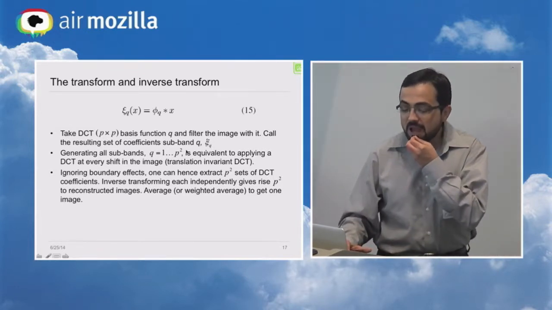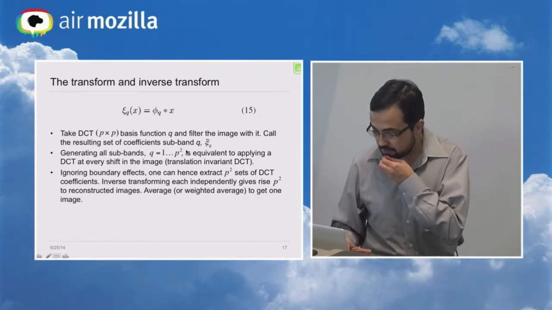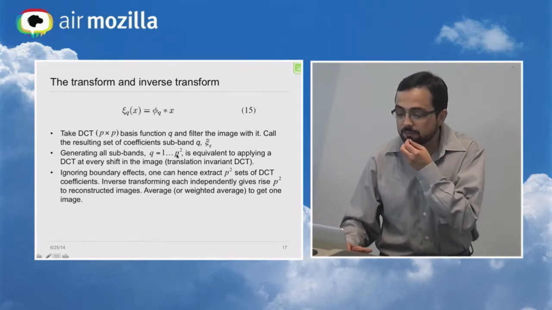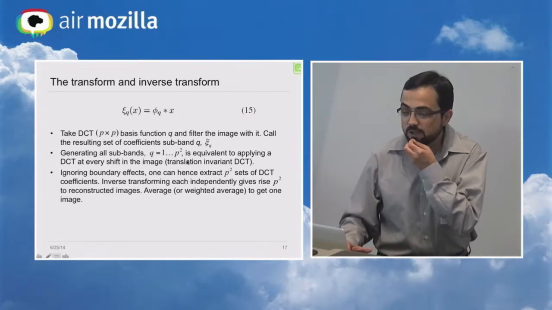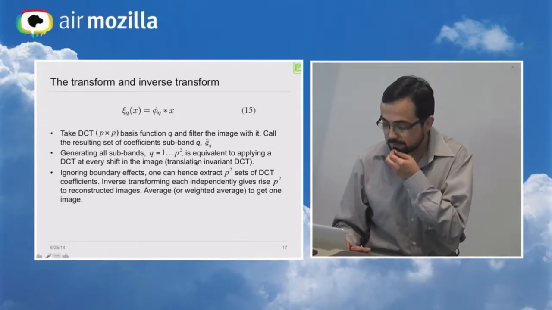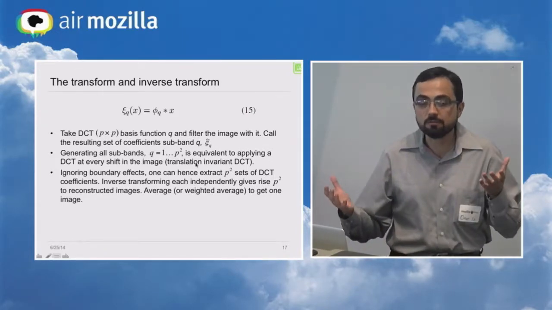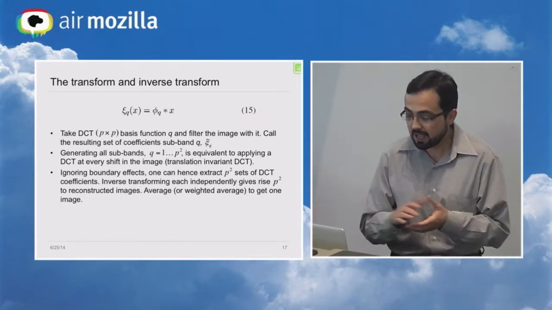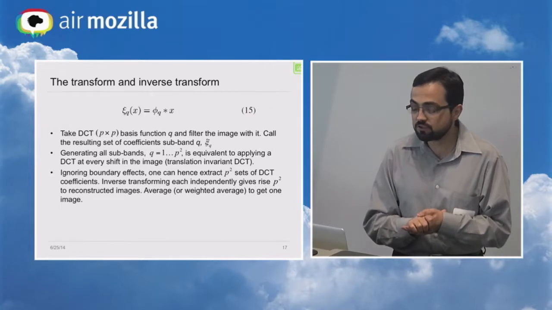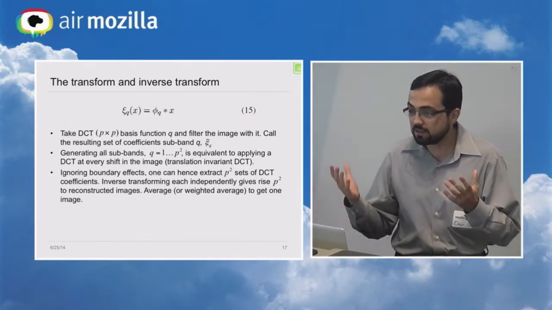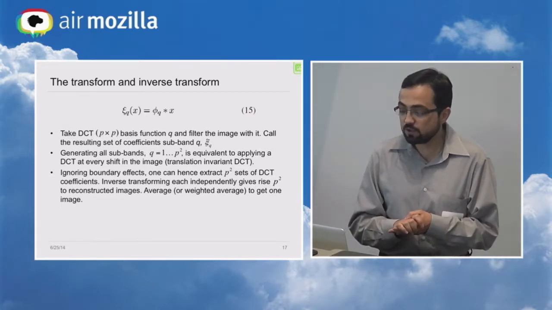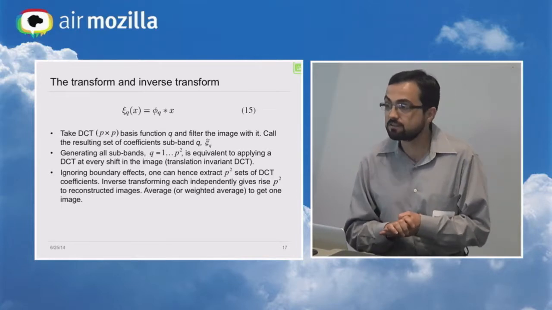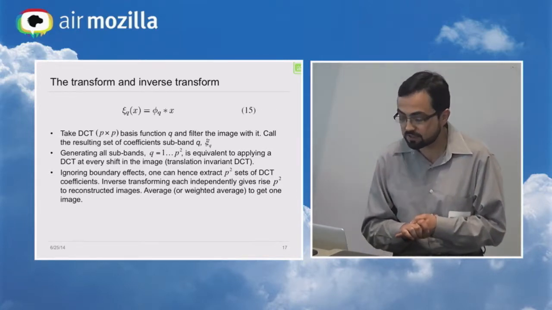So imagine generating all of these subbands. For a p by p DCT, there are p squared basis functions, and you'll be able to generate p squared subbands. That ends up being a translation invariant discrete cosine transform. Once you have these subbands, one can easily show that you can generate p squared sets of discrete cosine transform coefficients for the image.